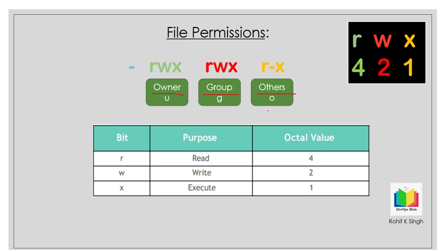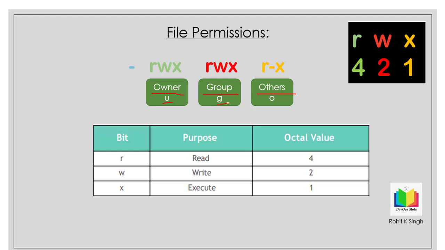The initial for owner is u. u stands for user, small u. Then the other is g. g stands for group. The third is o, that stands for others. Okay, this is one way how you will be giving permissions. u, g, o, keep that in mind.